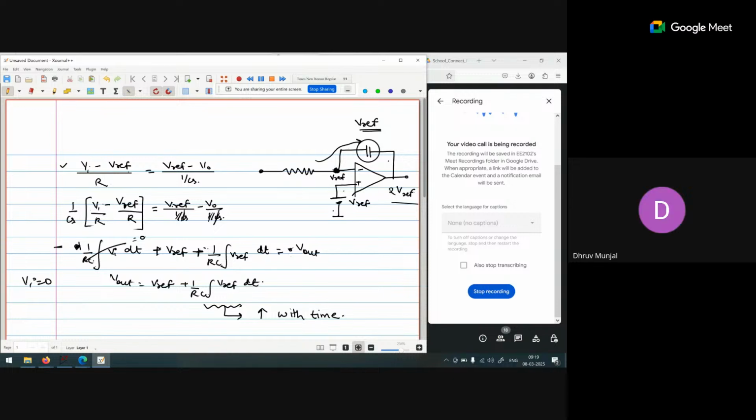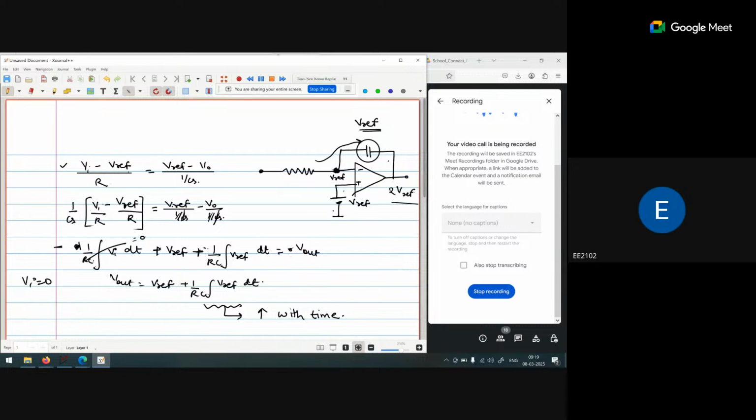Sir, how will the capacitor increase? Now, the second thing is that this V ref voltage will have a gain. This integrator will have a gain. Due to this gain, the voltage also increases. 1 upon RC is the gain factor.